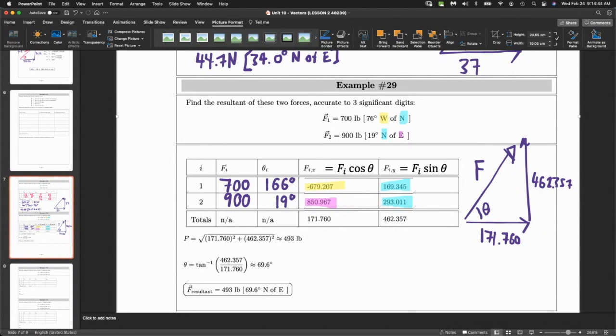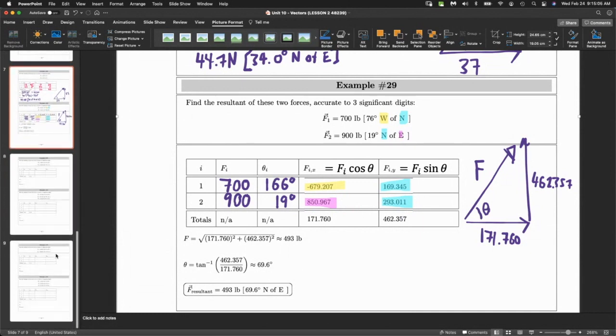So it's very misleading on my part that every single question's been north of east. I promise you, the next question will be different. We will have an answer that does not face north and east in some combination. Hopefully I can convince you of that with the next example.